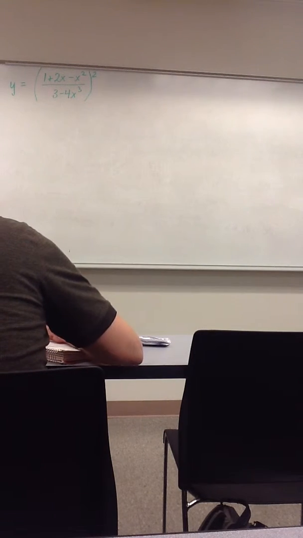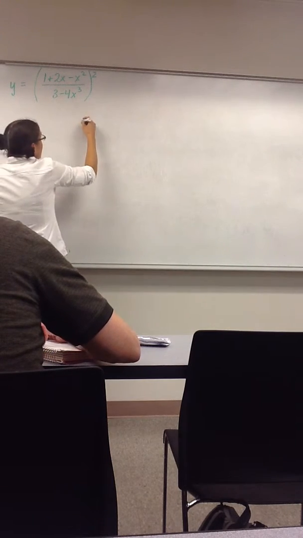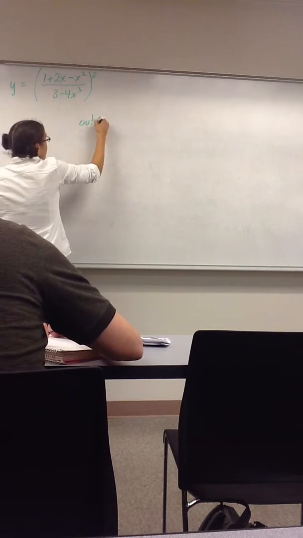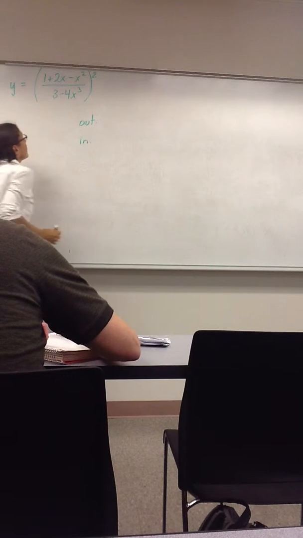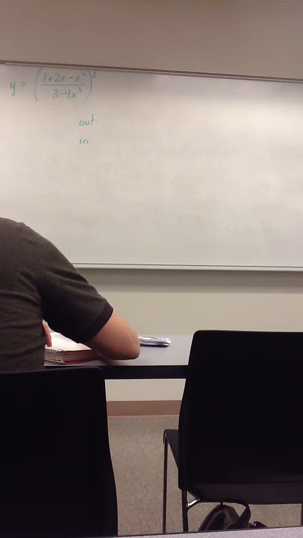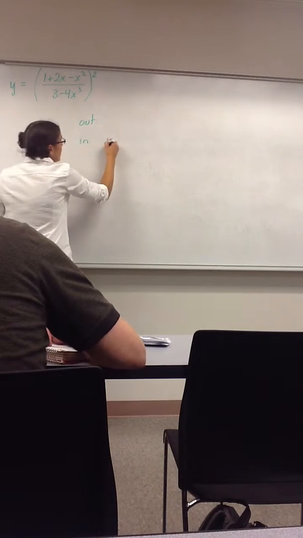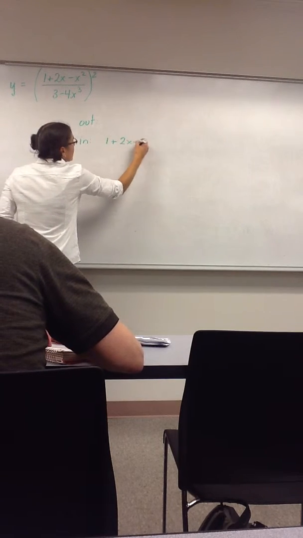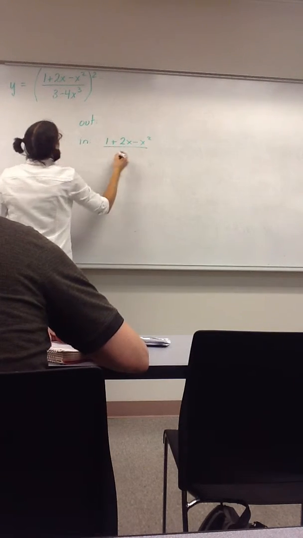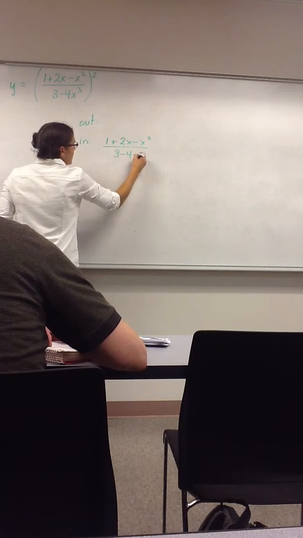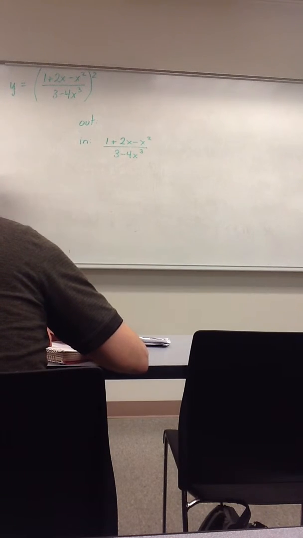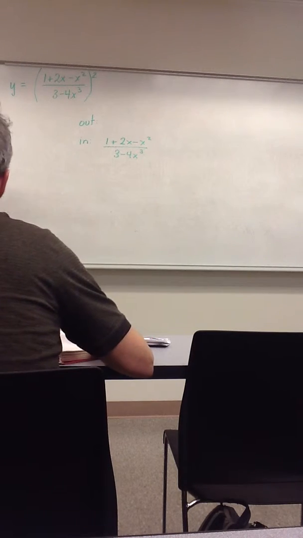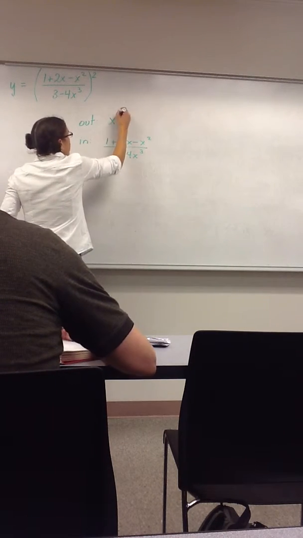So what I see going on here is nested functions. And so I've got my inside and my outside function. My inside function is 1 plus 2x minus x squared over 3 minus 4x cubed. And my outside function is stuff squared. So my outside function is x squared.